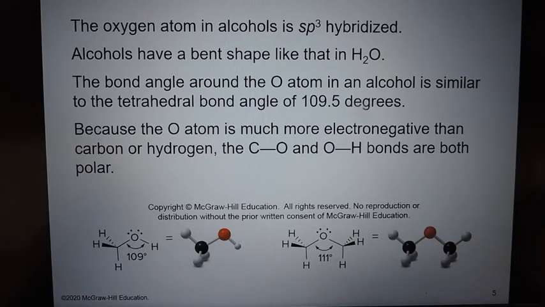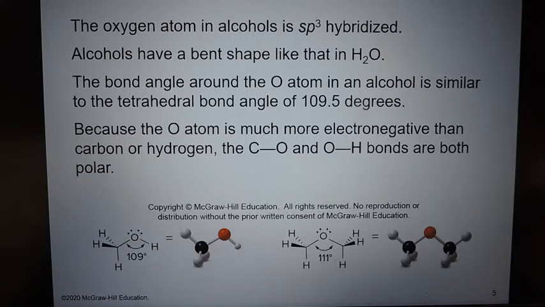The oxygen hybridization and geometry is very important in terms of understanding the alcohols and naming them. Alcohols have a bent shape like that of H2O or water. The bond angles are very, very similar.